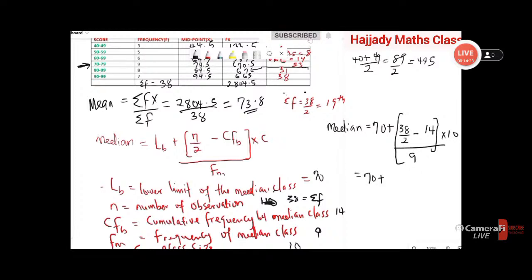So going forward, we have 70 plus 38 divided by 2 is going to give us 19 minus 14, everything over 9 multiplied by 10. So here we have 70 plus 19 minus 14 is going to give us 5 over 9 multiplied by 10. So we have 70.